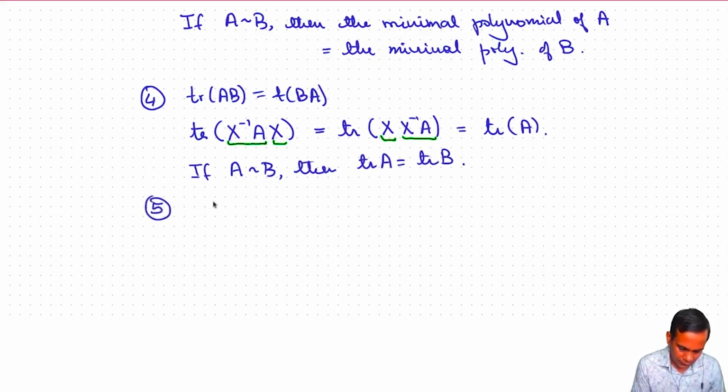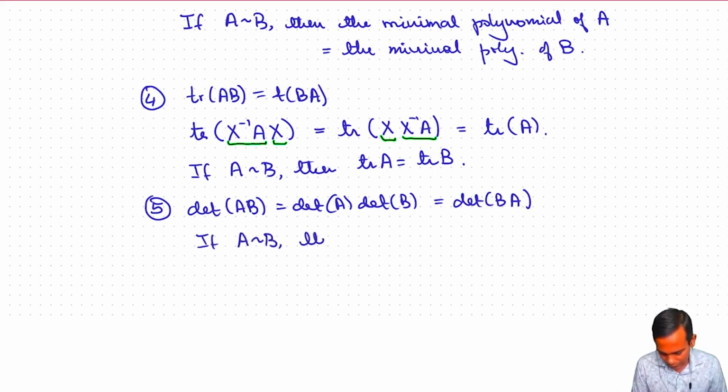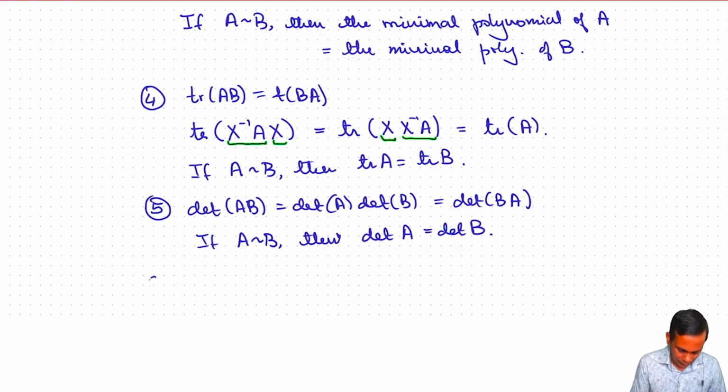We have a similar thing with determinant. Determinant of AB is determinant of A times determinant of B, which is the same as determinant of B times determinant of A, because the field K is commutative, and so this is determinant of BA. And by the same kind of argument, if A is similar to B, then determinant of A is equal to determinant of B. And the last, most important invariant of similarity class is the characteristic polynomial.